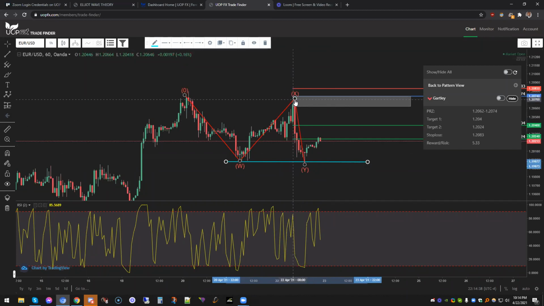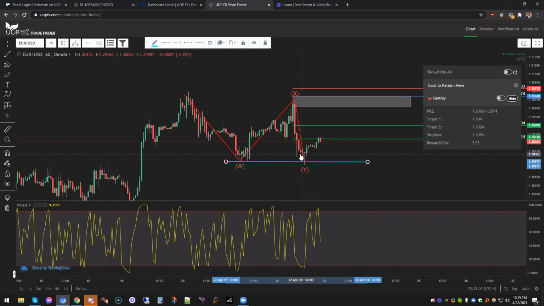Because remember, this setup came in at the session open. So we're looking for exits at lunchtime because in the US session around lunchtime, things tend to slow down. So let's see. Lunchtime would be 12, so the close of this red bar would be 12.